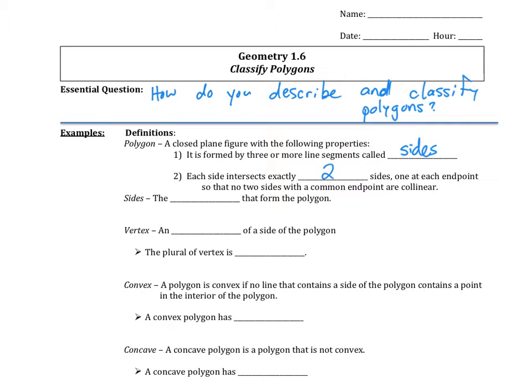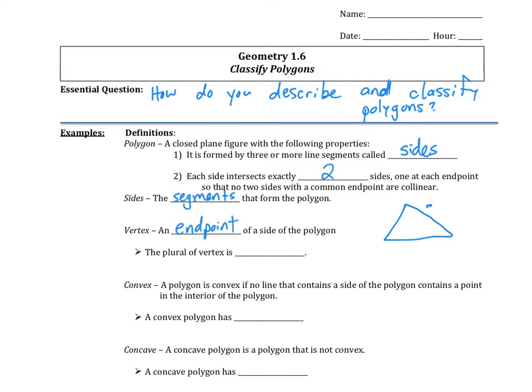The sides are segments that form the polygon, and the vertex is an endpoint. This is where 2 of the sides will meet. So for example, everyone knows what a triangle is, I believe.